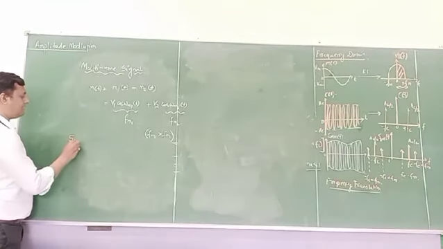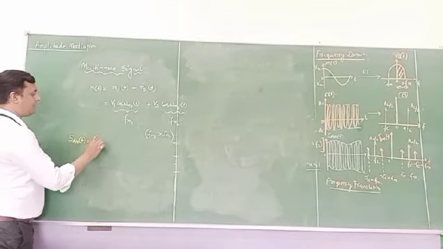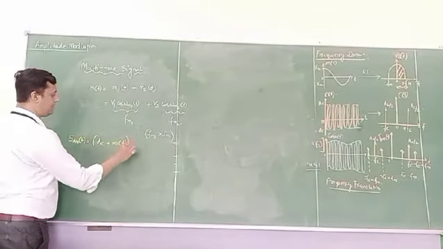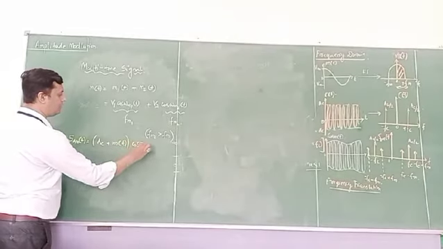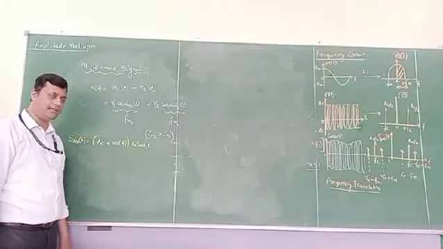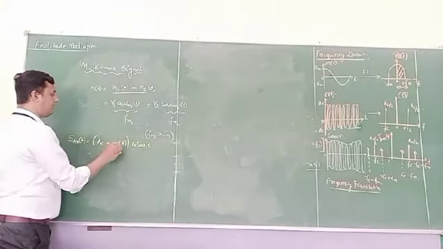So S suffix AM of t, again we will write the equation: Ac plus m of t into cos omega c. So this is the general representation of an AM signal. Now we have to substitute this value here.